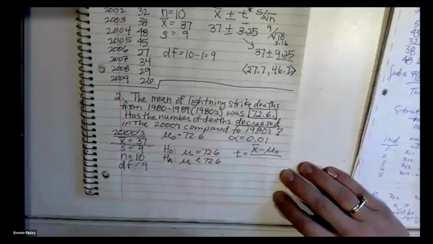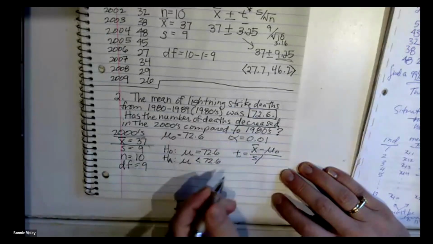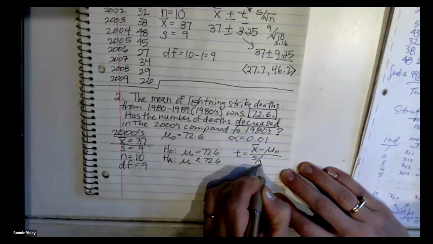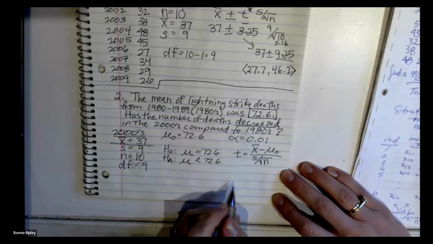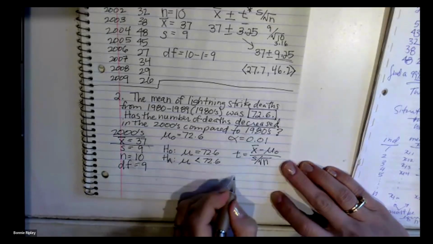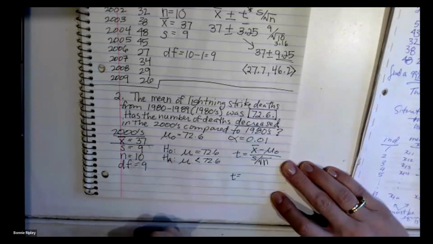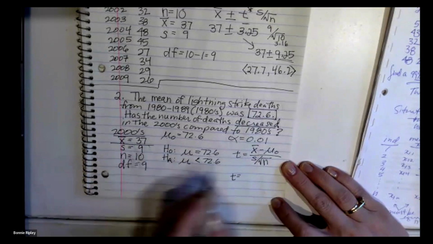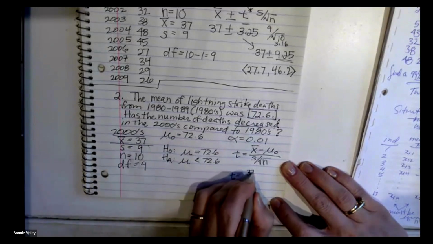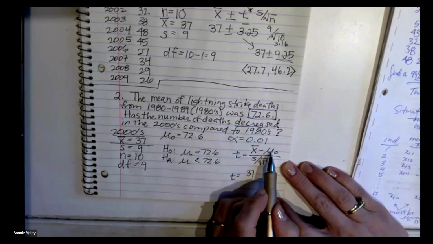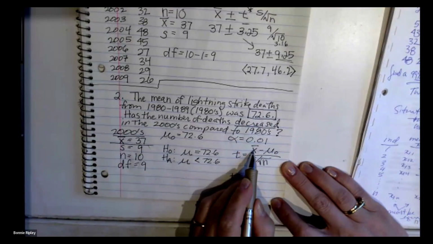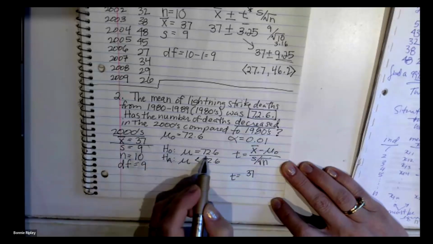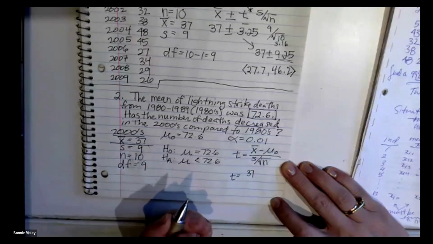And we only have one sample here, so that's going to be divided by the standard deviation divided by root n. So to calculate our t, we're just going to substitute into this equation. Our x bar is 37. It's important to always write this equation in this order with the minus sign in the middle. So we're doing x bar minus mu sub 0.